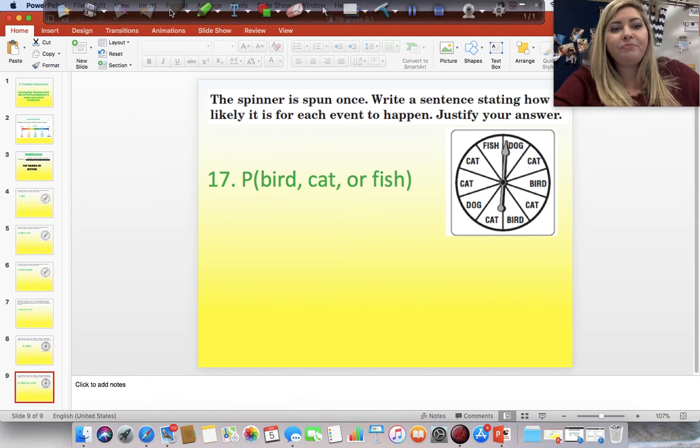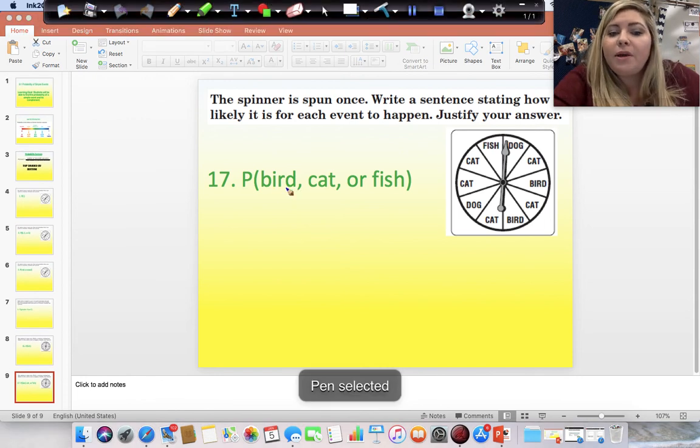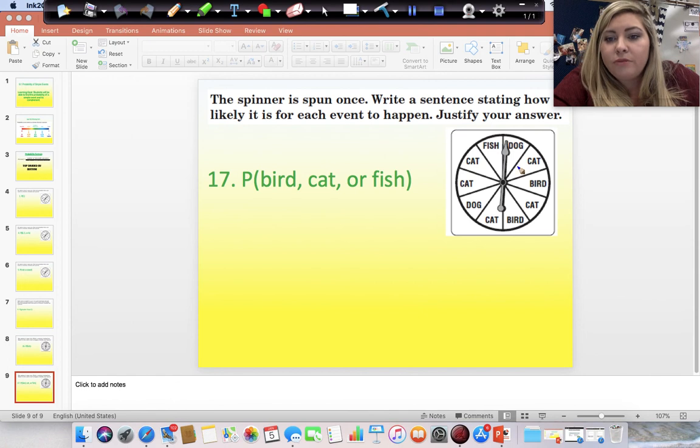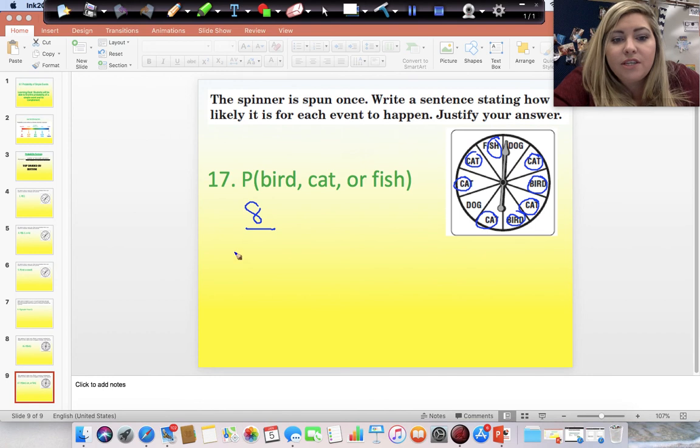Last problem. The probability of it being a bird, cat, or a fish. Well, there's 1, 2, 3, 4 cats. A bird, cat. Did we get them all? Oop, fish. Okay, so 1, 2, 3, 4, 5, 6, 7, 8. 8 birds, cats, or fishes out of 10 total.